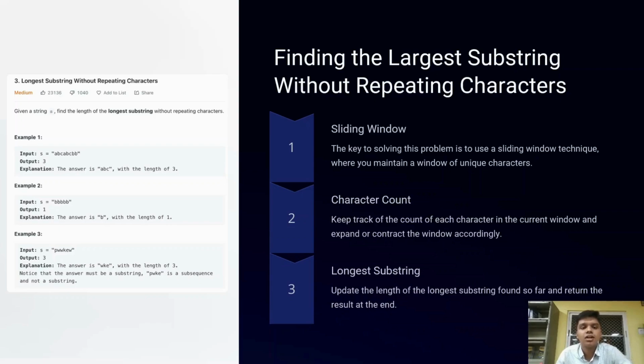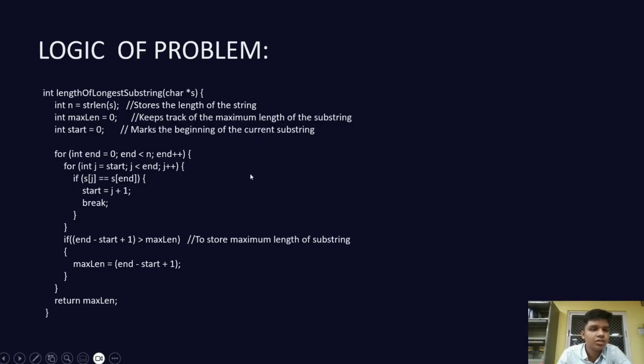We can find the length of the longest substring using the sliding window technique. Sorry, and we'll go to the logic. Here is the logic. This is a function. First we take the string and initialize the max length to 0.